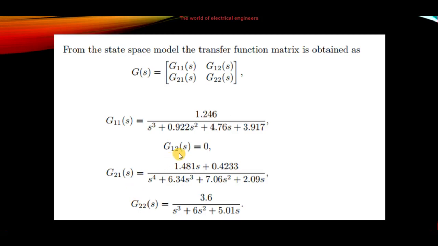There is no interaction between input 2 and output 1, but there is a transfer function from input 1 to output number 2. This is called cross coupling effect, which is undesirable. So to minimize this cross coupling effect, we will need to design a decoupler for our system.